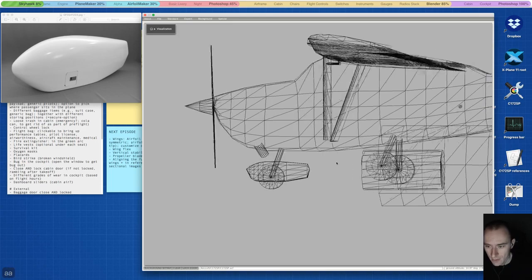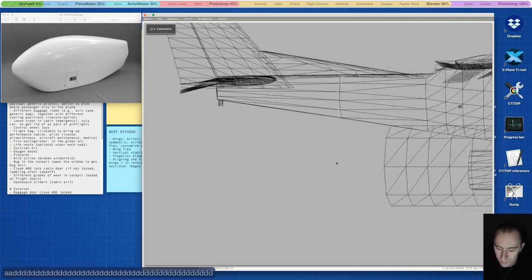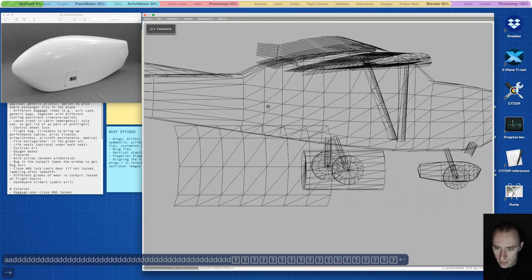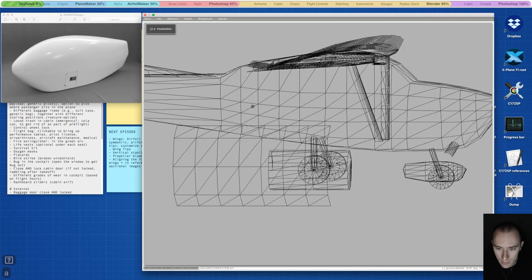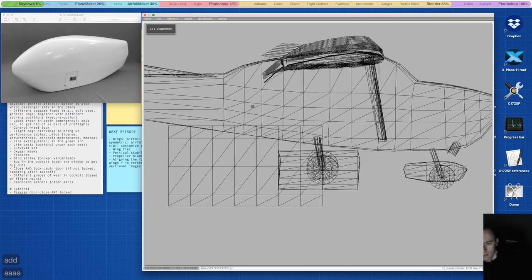All right. Let's go to the other side here. Not too bad though. It's actually pretty good in terms of distance and arm. It's a little bit longer than that side.